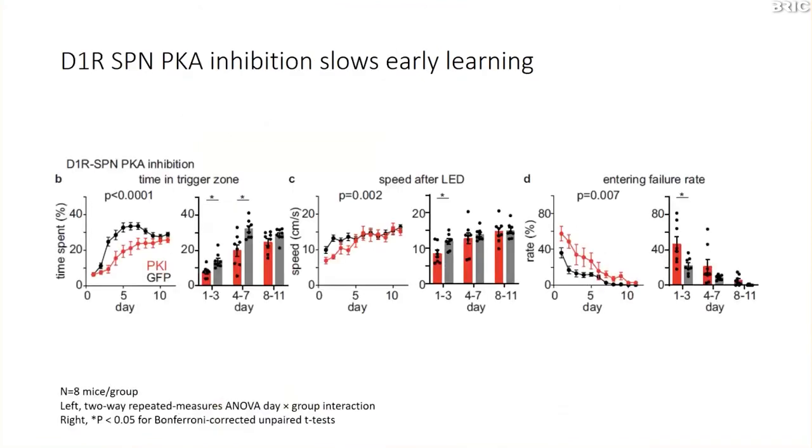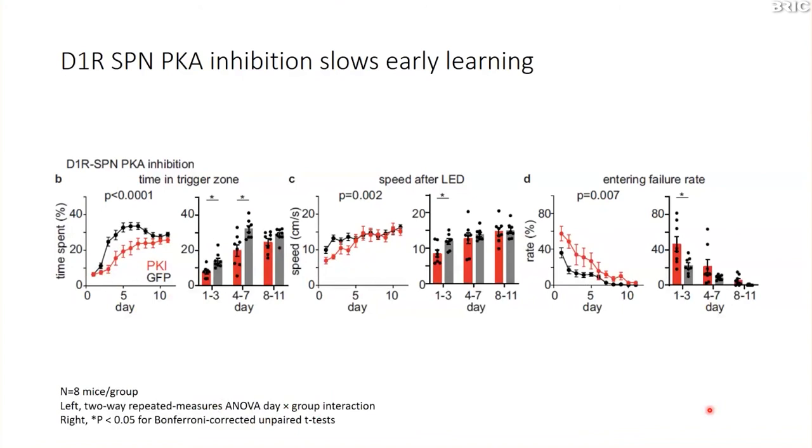With this tool, we tested if the inhibition of D1 receptor SPN PKA has an effect on learning itself. And in this graph, I'm plotting the test group injected with PKI in red, and the control group injected with GFP virus in black. Here I'm plotting the time in trigger zone, the speed after LED, and entering failure rate that are behavior estimates of learning.